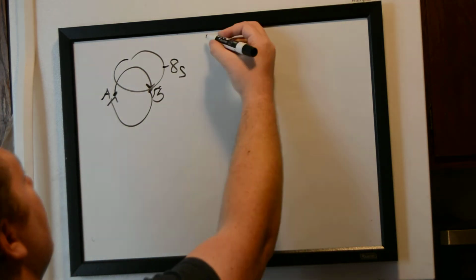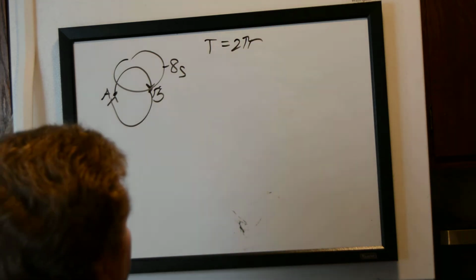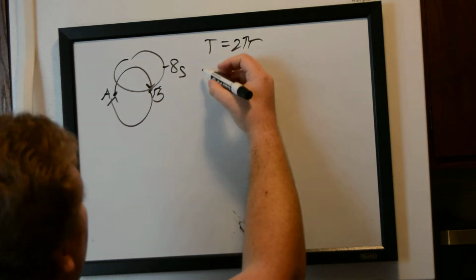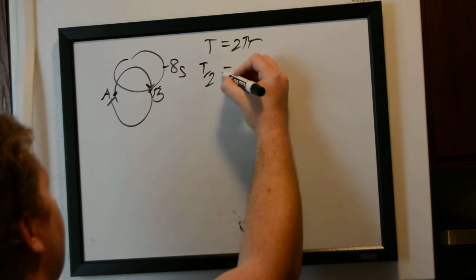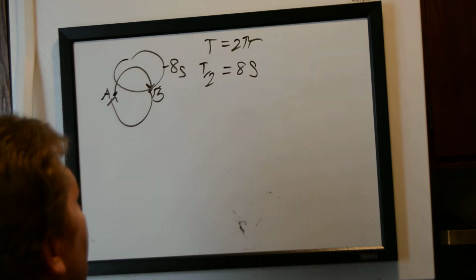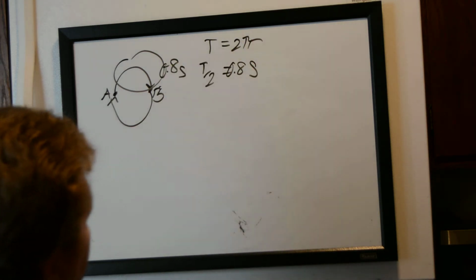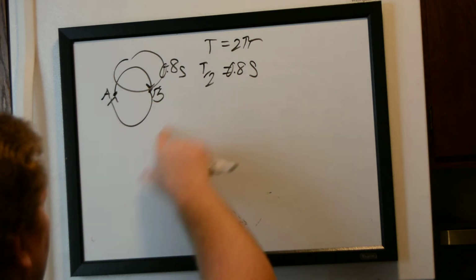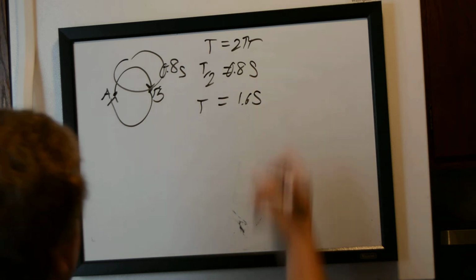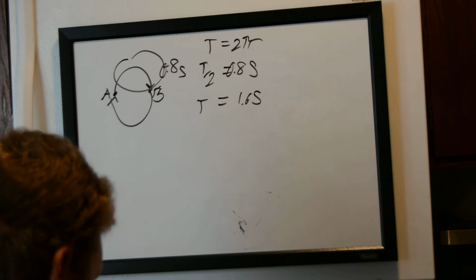So we can say that half of our period is equal to 0.8 seconds. So then our period is simply 1.6 seconds for this to go back to our starting position.